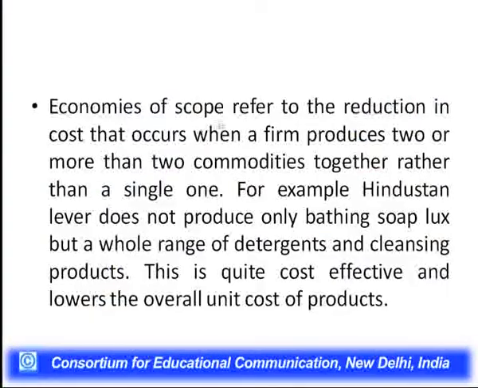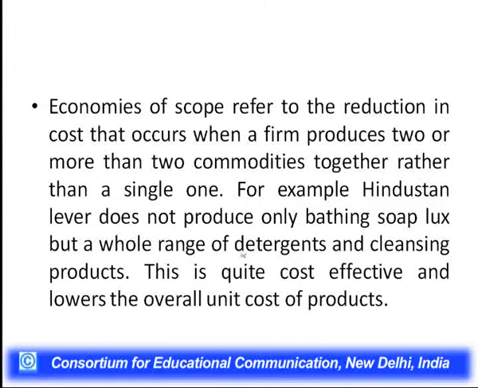Then not only the economies of scale, there are economies of scope which lead to the falling LAC. What are these economies of scope? These economies of scope refer to the reduction in cost that occurs when a firm produces two or more commodities together rather than a single one.